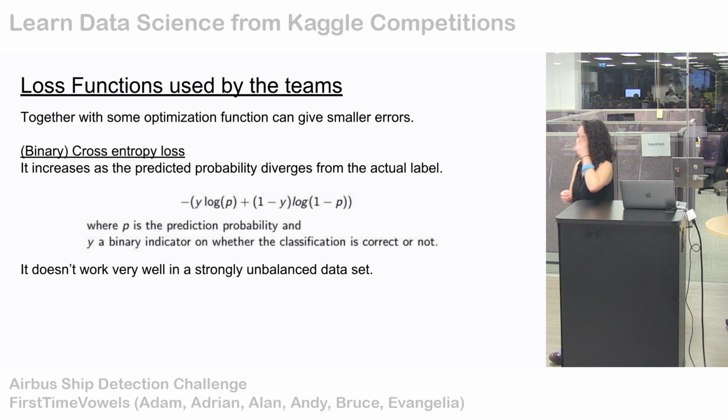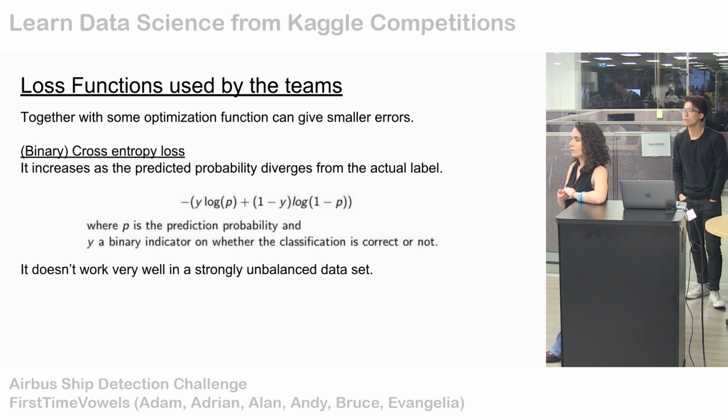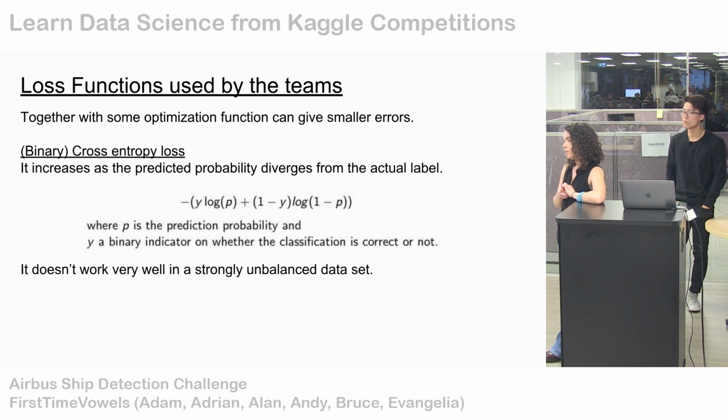Is there? So I think the reason you have to use these loss functions here is that the score itself, intersection over union, is a discrete measure, so you can't actually take the derivative of it. And if you can't take the derivative, you can't train the neural net.